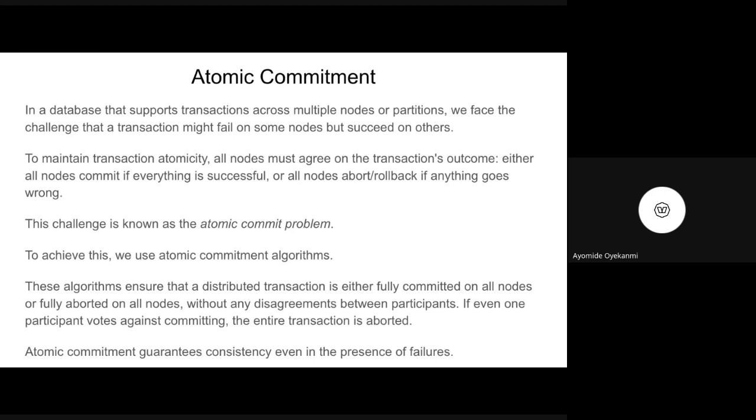So let me think of a system where every node serves requests to different people. And it is very important that the data on all of these nodes are always accurate.